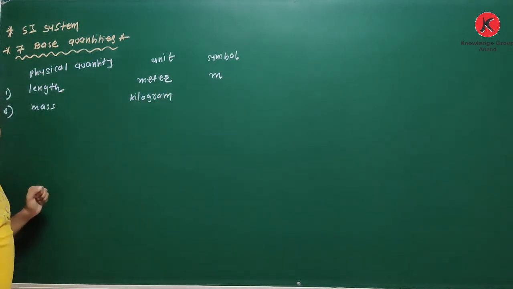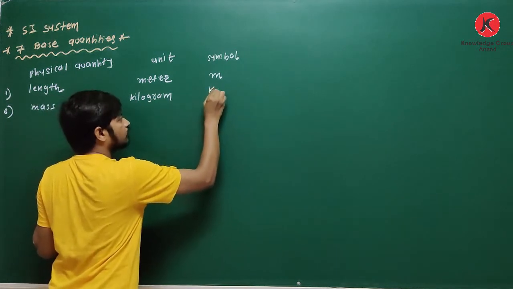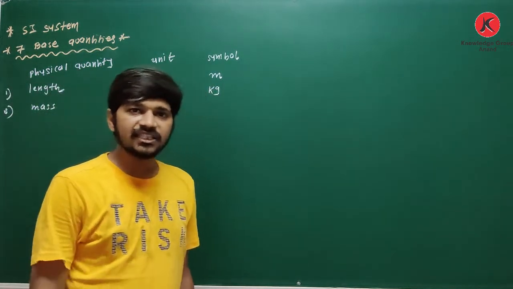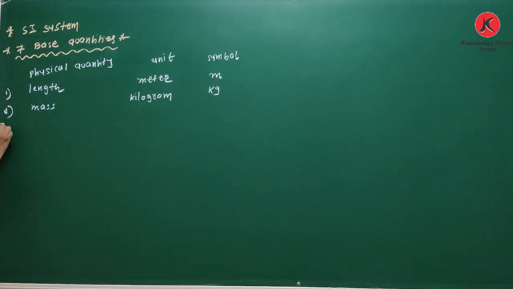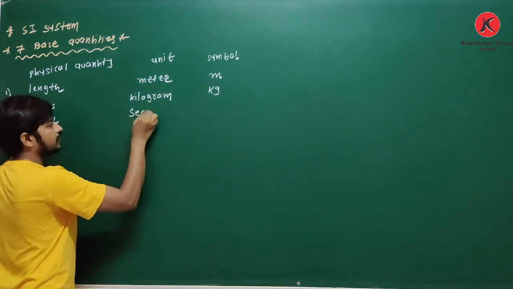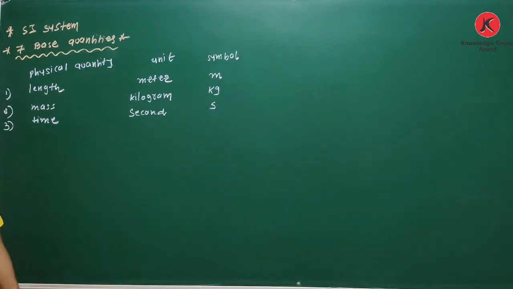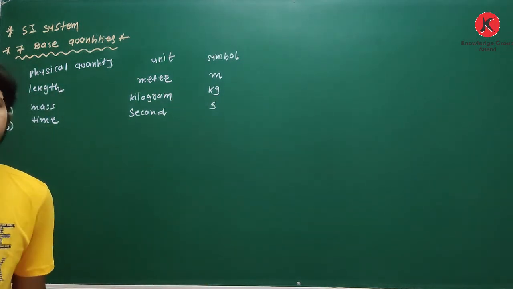Its SI unit is kilogram, which is indicated by small k, small g, like this, kg. Third one is time. Its unit is second, and it is indicated by s.